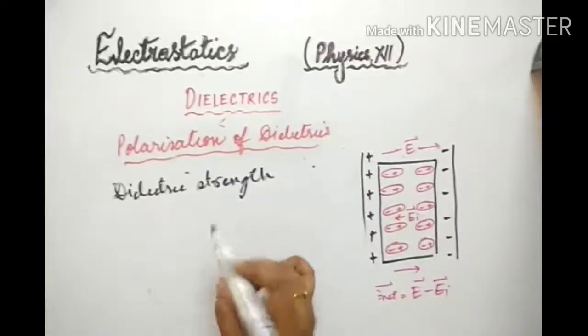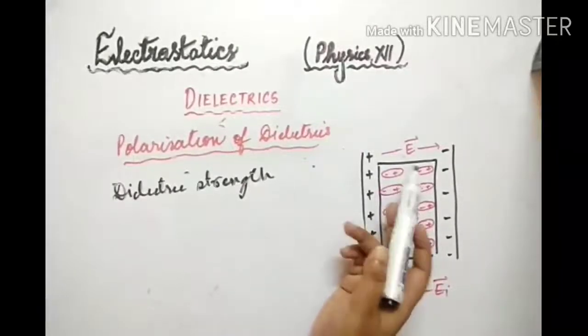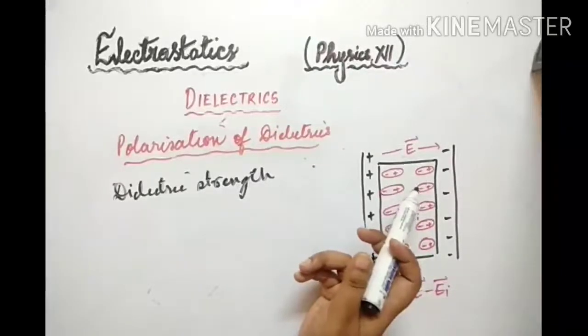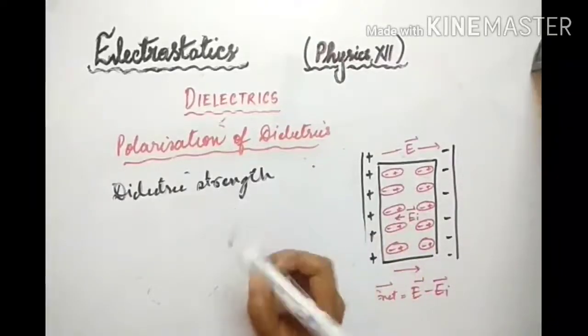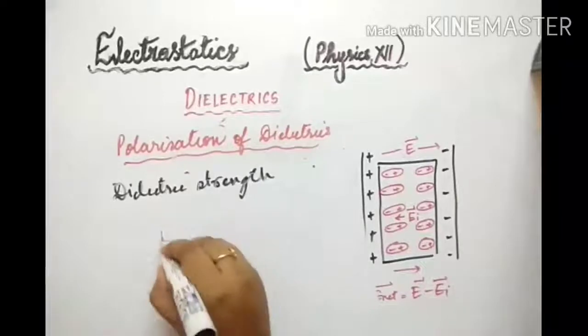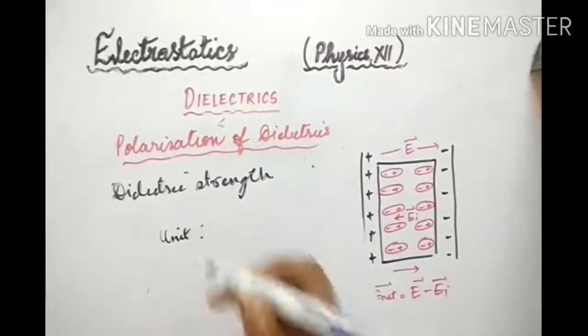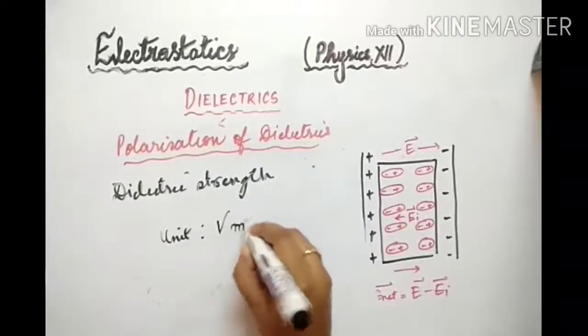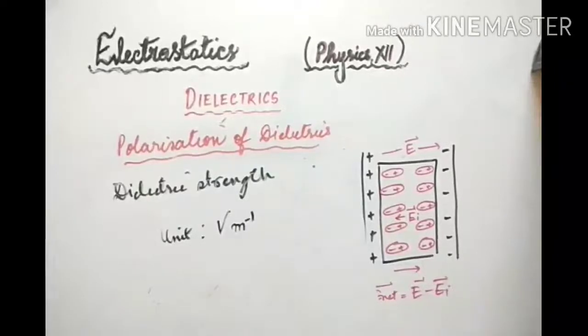So we have to maintain the electric field below a certain value so that it does not become a conductor. Dielectric strength is measured in volt per meter.